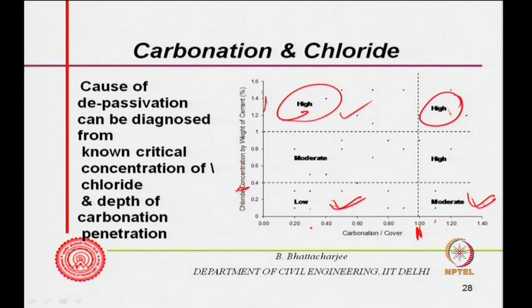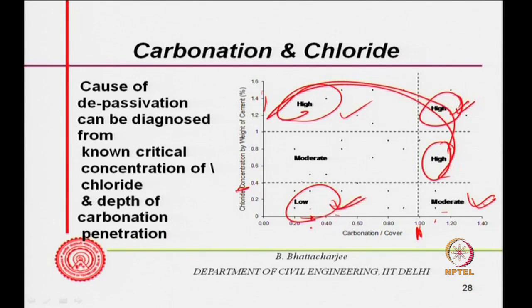Here both carbonation and chloride are high, so the risk of corrosion is high. If there is only carbonation, no chloride, and it has not reached the cover depth, the risk of corrosion is low. Otherwise, if carbonation has crossed the cover depth but chloride is low, it is moderate. This zone is moderate, where carbonation is less, but chloride has reached its threshold.